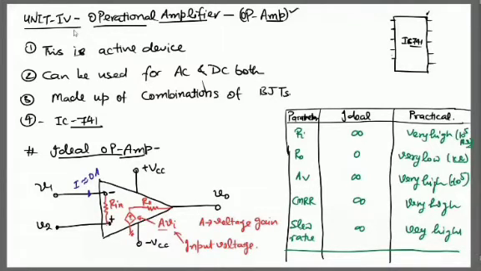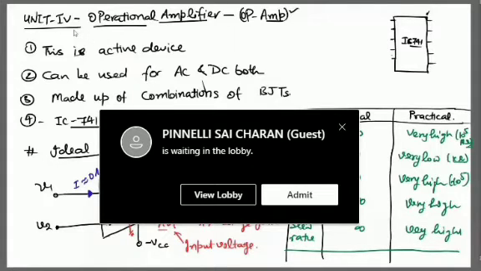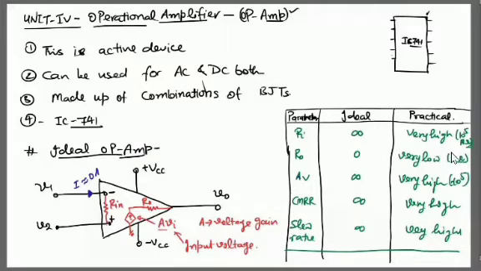If Ri is infinity, because the ideal op-amp represents infinite input impedance, the current into these terminals will be 0 ampere, and the output resistance is approximately 0, so that maximum output can be obtained at the output terminals. The voltage gain provided by this operational amplifier remains infinity.